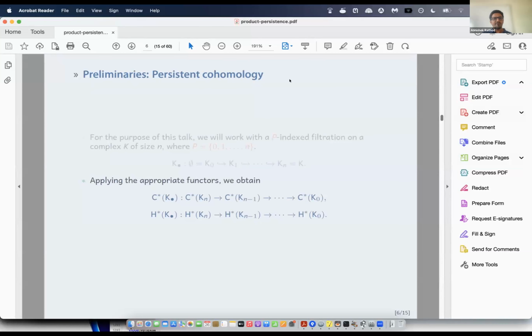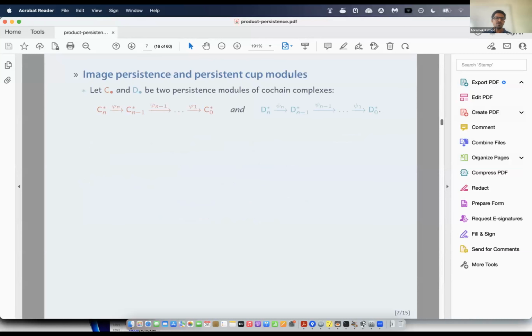Now that we have the setting, let me also recall the notion of image persistence, so that we can use this notion to define so-called persistent cup modules. Say that you have a persistence module of cochain complexes C bullet shown on the left, and another persistence module of cochain complexes D bullet shown on the right.